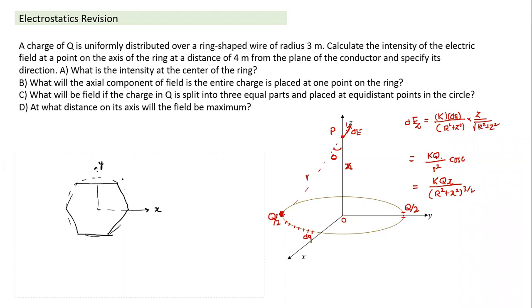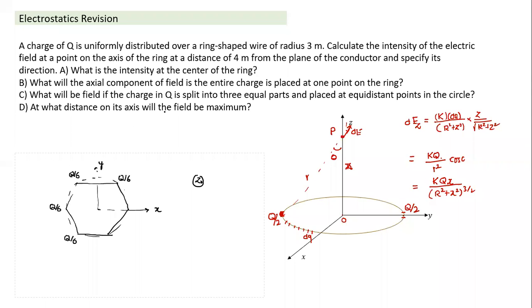If I place charge q by 6 on all the vertices of the hexagon, what field will it create at a point z equal to z naught? It will create the same field as the ring charge. And you should understand the reason also, because all of them are creating the same axial component, and they are placed in such a way that the perpendicular components cancel out.